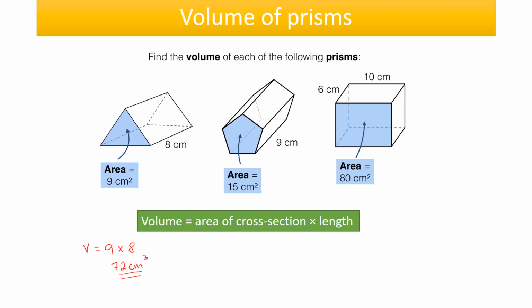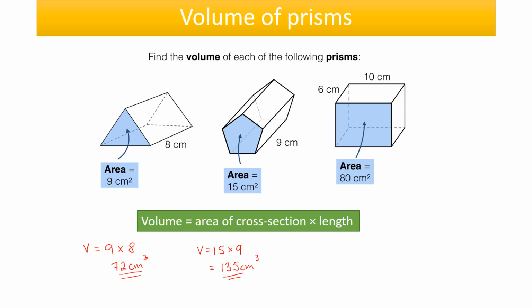In the next example, the cross-section is the pentagon in this case, and the area of this pentagon is 15 centimeters squared. So to find the volume, I need to multiply 15 by 9 because 9 is the length of the shape, and that is 135 centimeters cubed.